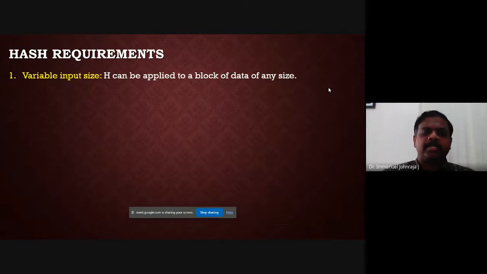H means hash, so H can be applied to a block of data of any size. There is no requirement that it must be 512 or 612; it could be any data size. Though it is not technically a very important point, for implementation purposes this is crucial.